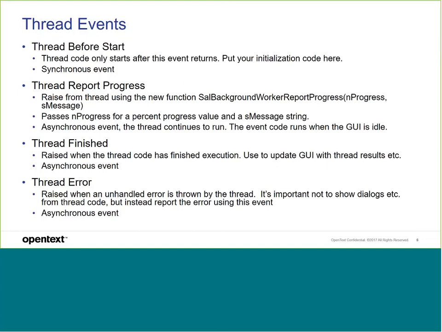If there is an error condition in the thread code, you should pass the error over into the GUI using this error messaging that we implemented, and do not use your own dialogues from the thread code itself, because that doesn't work. I think that will probably throw a compiler error. And again, thread error is an asynchronous event, so if the user interface is idle, it will handle that event.